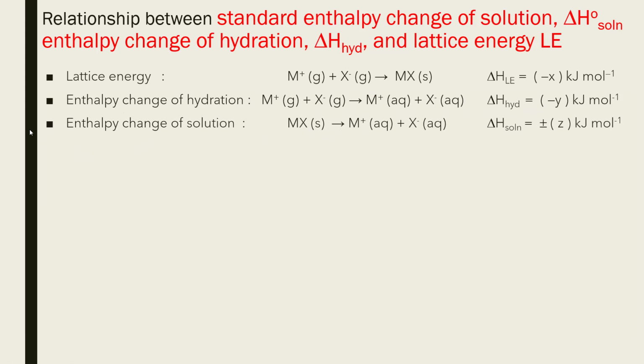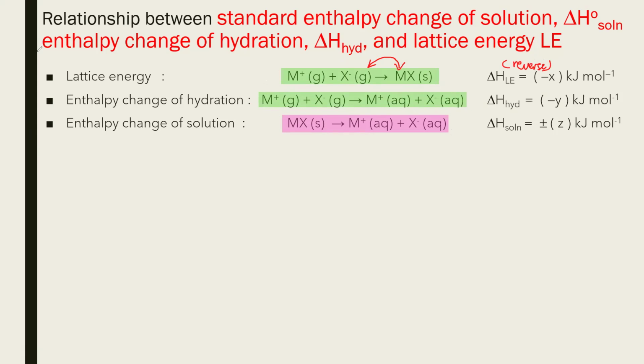Now, how are we going to relate the lattice energy and hydration in order to get the enthalpy change of solution here? If you look carefully, technically you just reverse the lattice energy. You just switch the position of the lattice energy.